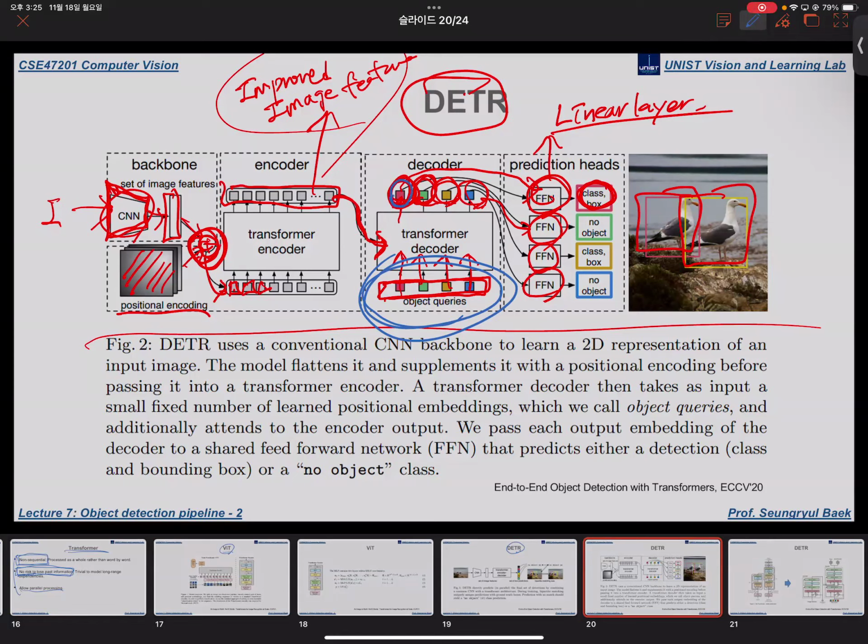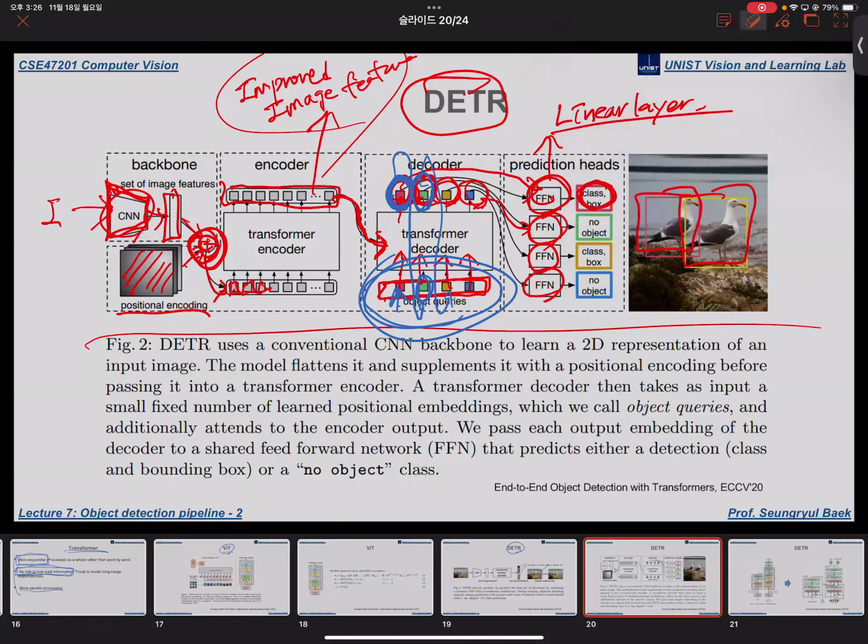We input some starting token here, and the first translated output comes out here, right? Then we input it in the autoregressive way as the second input, and we get the second output. We did this sequentially in the NLP domain, right?